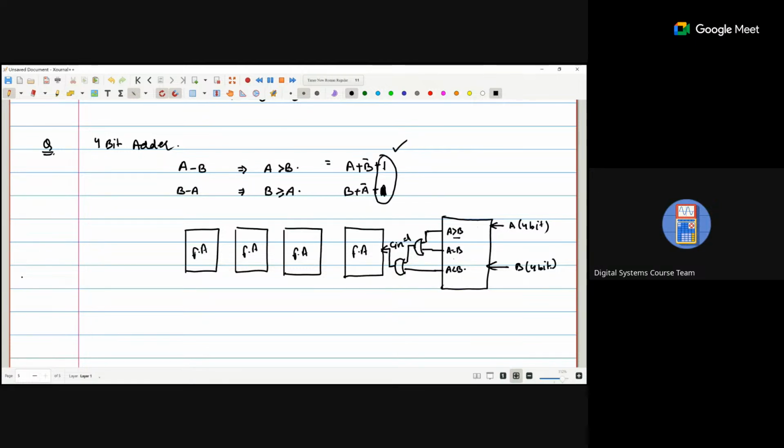The second thing we have to implement is that A plus B bar is remaining or B plus A bar is remaining. Now when A is greater than B, we have A plus B bar. So what I do, I am using the A naught, and here I am using the XOR gate with B naught.